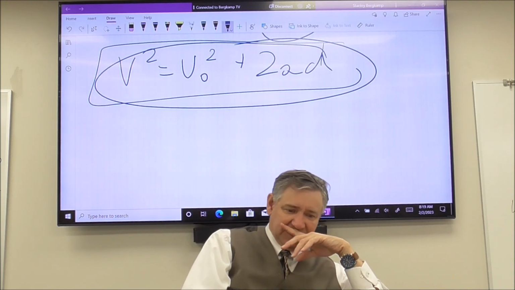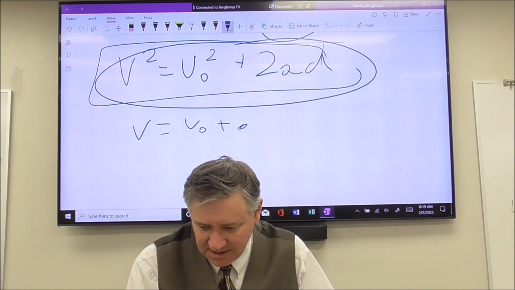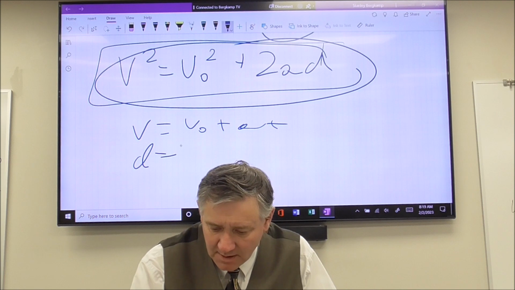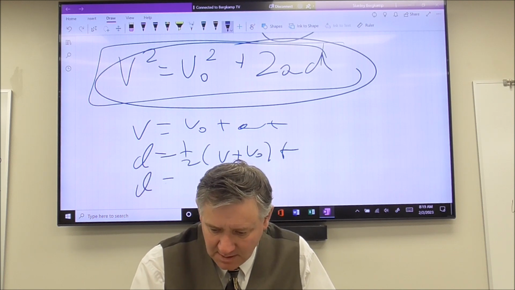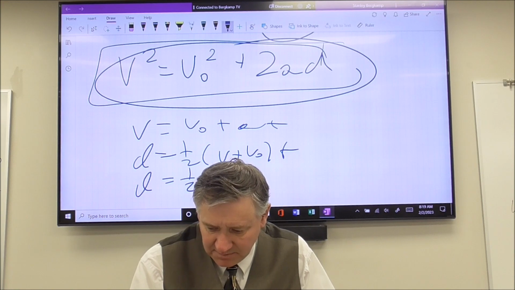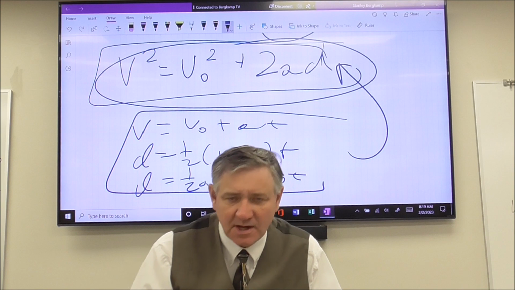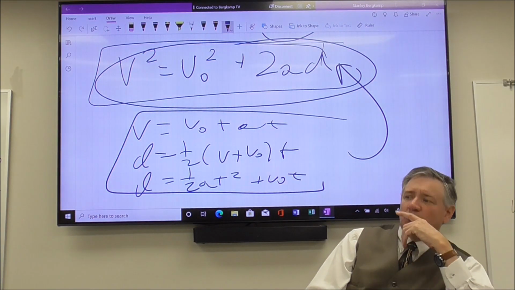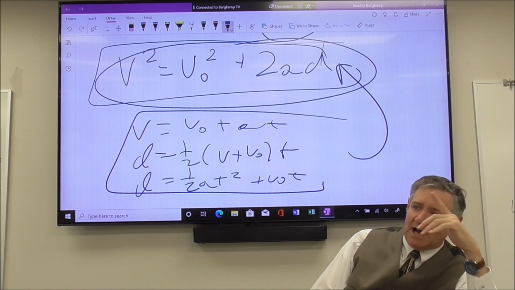Okay? Now, if you look at the other ones, v equals v naught plus at. Distance equals 1/2 (v plus v naught) times time. d equals 1/2 at squared plus v naught times time. What's unique about that equation? What's missing from that equation that's in the other ones? Time.